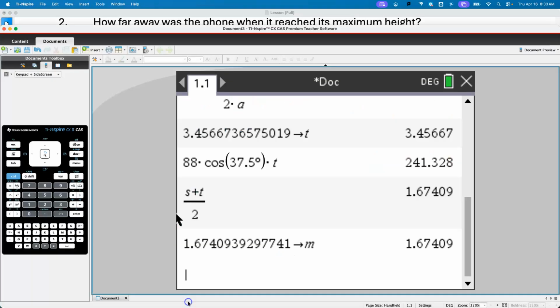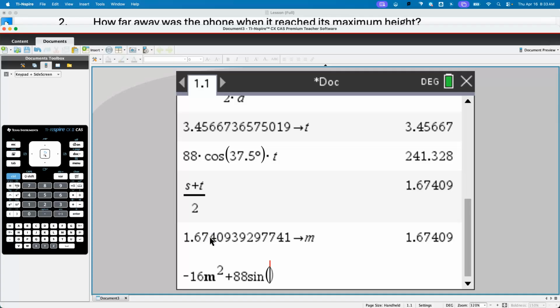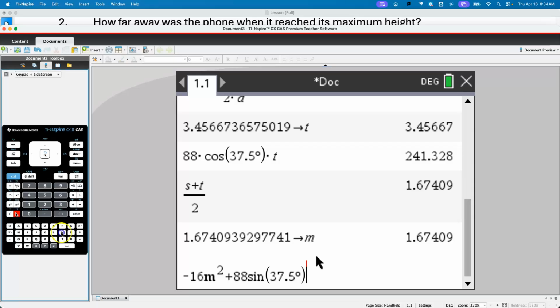On the calculator, that's going to be negative 16m squared plus 88 sine of 37.5 degrees times m plus 6.